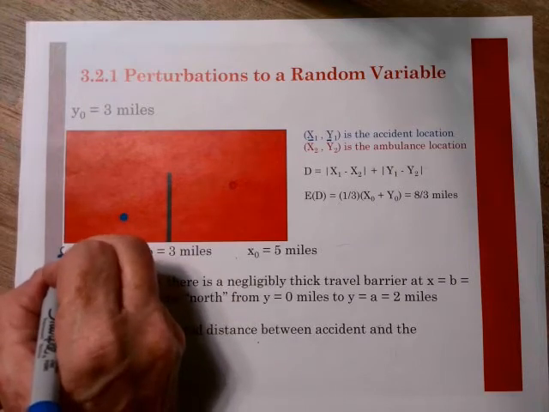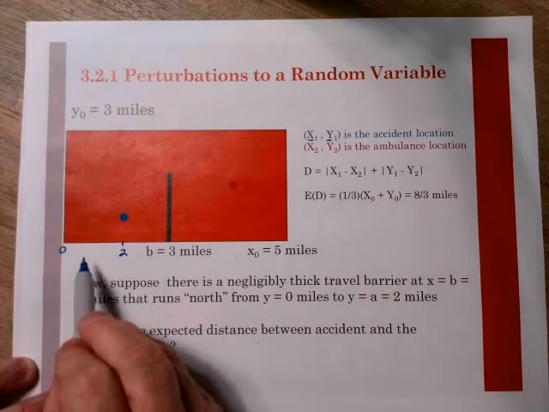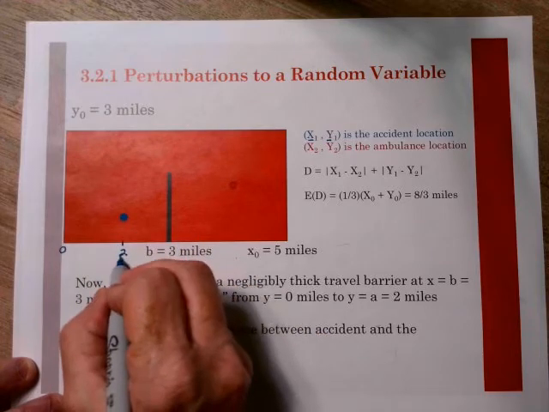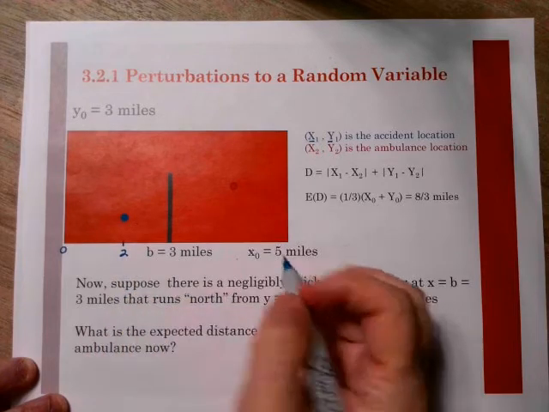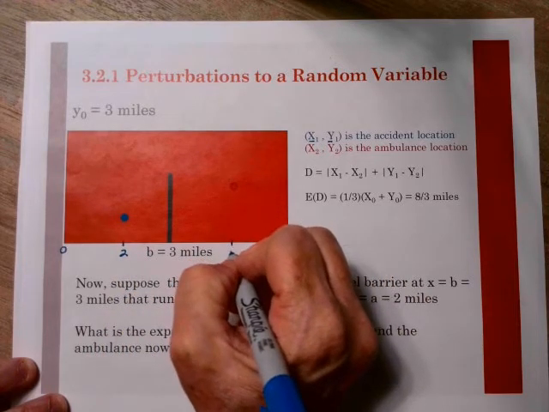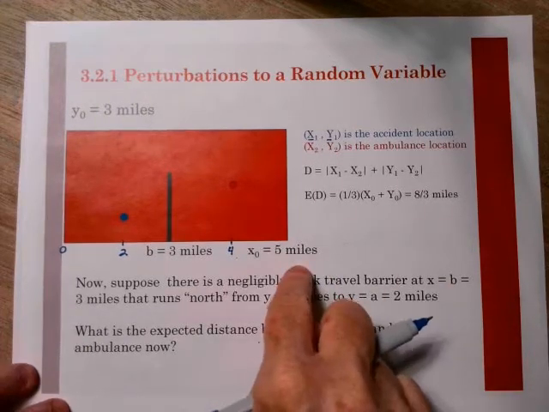So my x-axis is going to be in miles, and it's going to have these positions of 2 miles, then a place called B at 3 miles. Then right here, that's going to be at 4 miles, and then the total length of the x is going to be 5 miles.